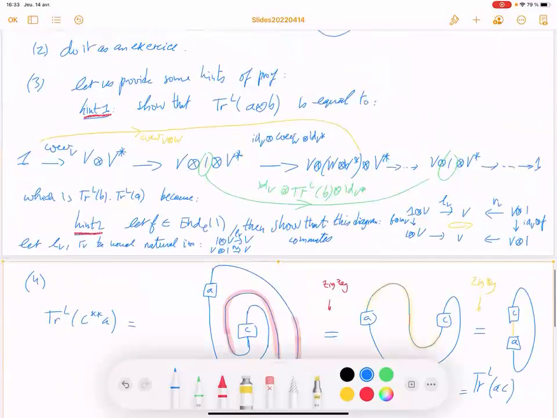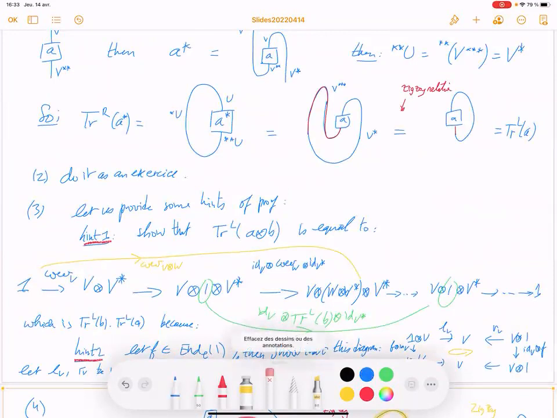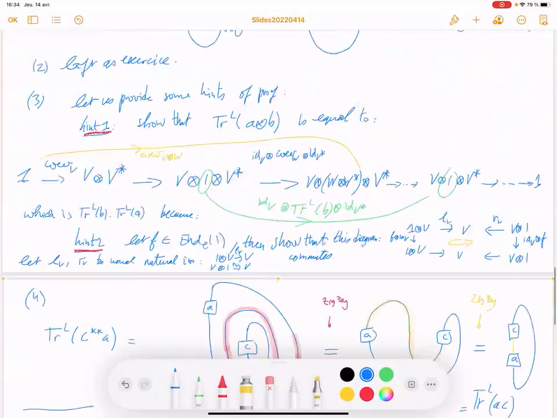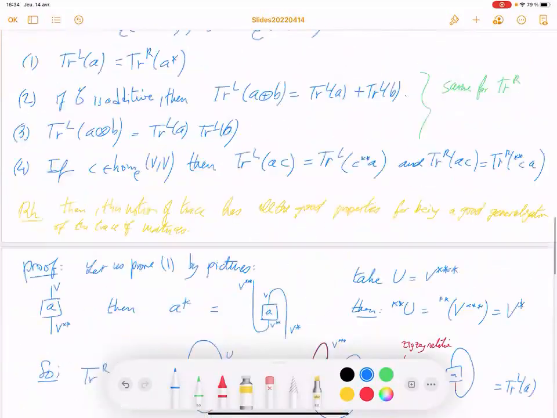Okay, so we leave the second point as an exercise. Left as exercise, but we will still provide a generalization of point two. In fact, point two deals with the direct sum.